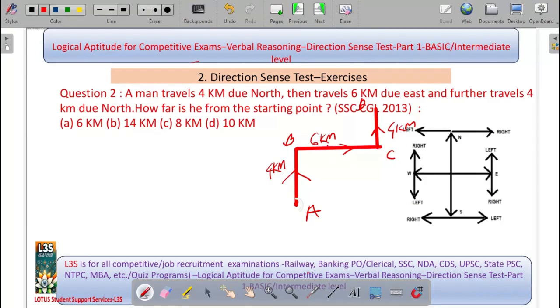How far is A to D. So we have to find out the distance A to D. For that, now we will draw an imaginary line here so that we can find out the distance A to D.